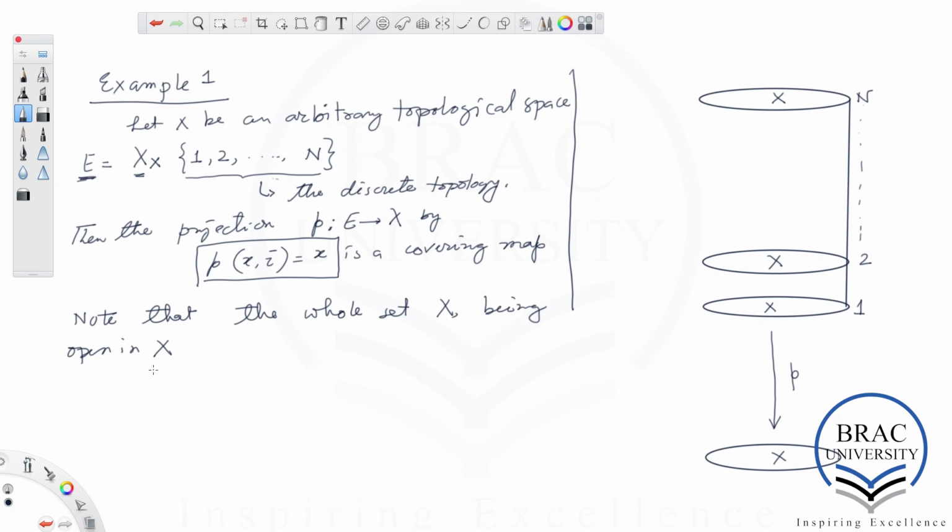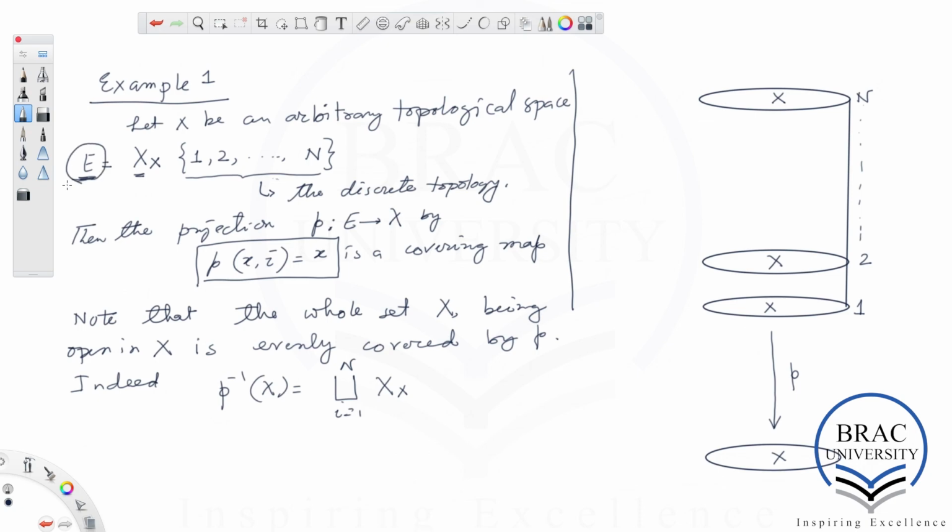And this open set is evenly covered by P. Indeed, the preimage of X under P, using this definition, can be written as a disjoint union of these open sets in this topological space E.